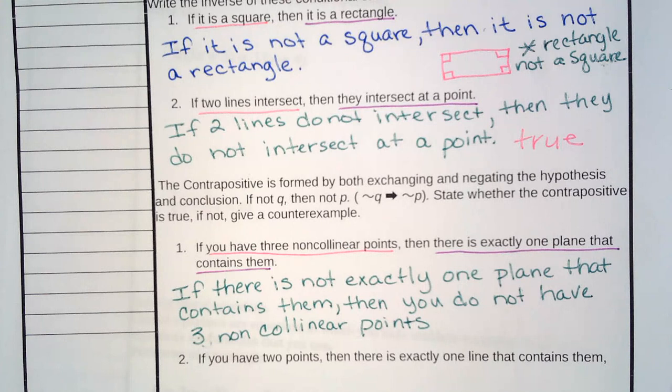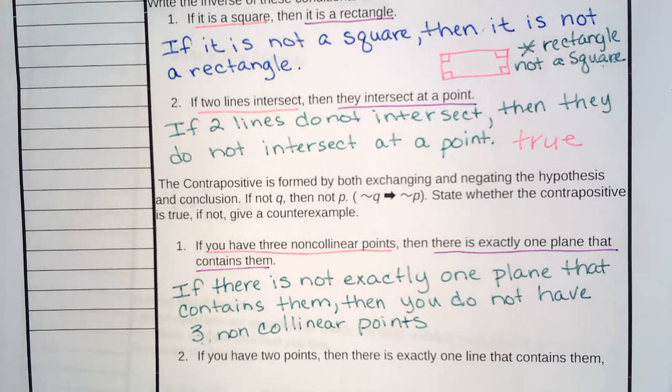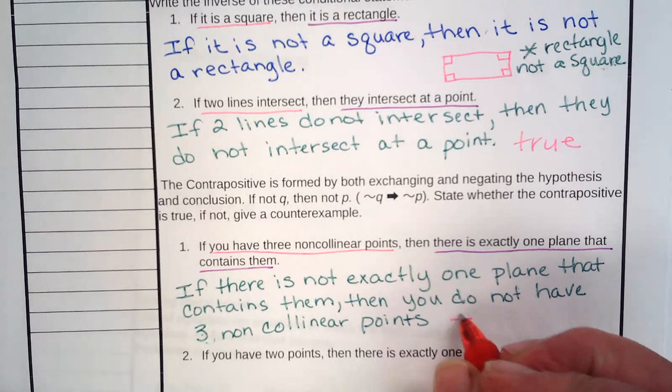Can you have three non-collinear points? You will not have three non-collinear points. Well, it's kind of like the definition of a plane. It contains any 3 points. Non-collinear points are contained in one plane. So if you don't have the plane, then you can't have the non-collinear points either, or they would be in the plane. So this would be a true statement.